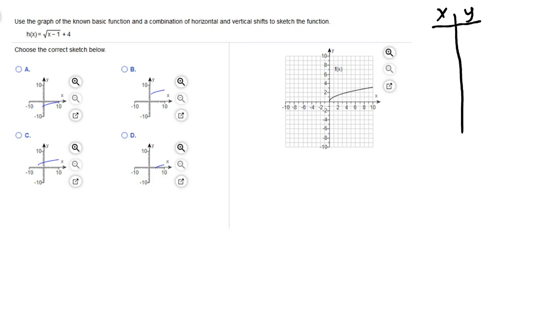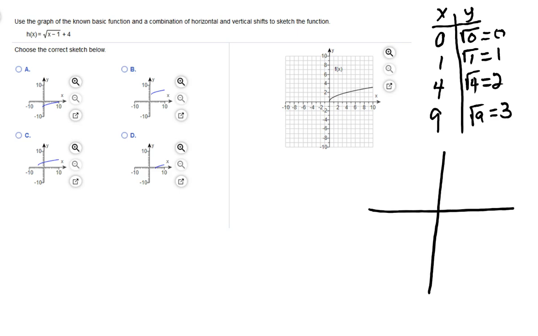For example, square root of 4 is 2. So I want to make sure this time, instead of just choosing any points, I'm going to choose some numbers like 0, 1, 4, and 9 to make sure that it's easy for me to work out the square roots of those numbers. So the square root of 0 is 0, the square root of 1 is 1, square root of 4 is 2, square root of 9 is 3.